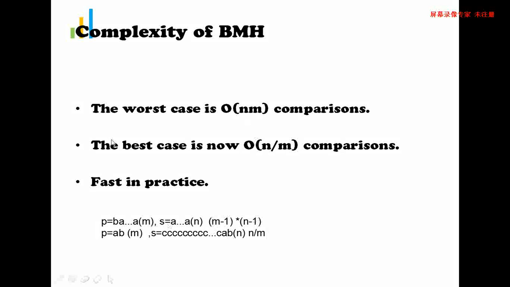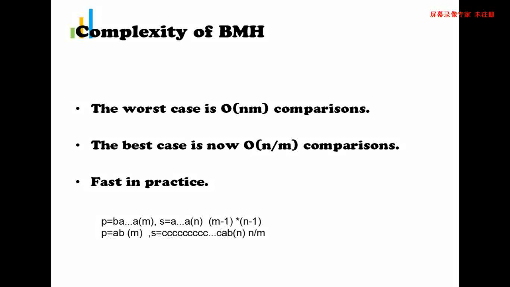And for the best case, here is example 2. We let the pattern be AB, right? And assume its size is M, and the string is going to be a lot of C, and the last two letters are AB, and the size is N, okay? So we put AB here to compare them, and we find that the B is mismatched right away, right?